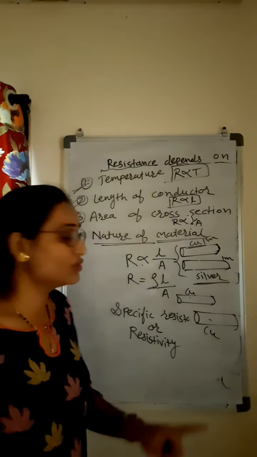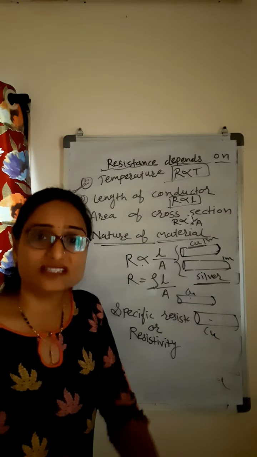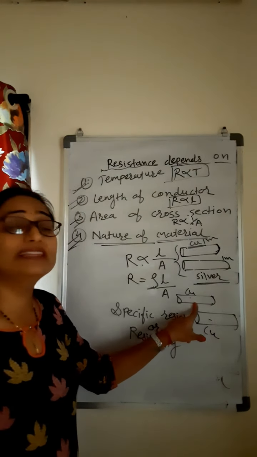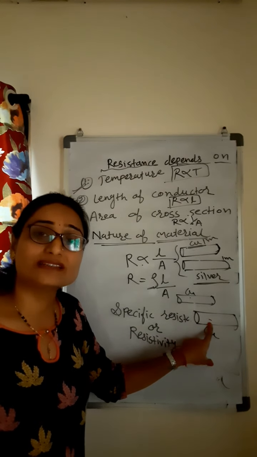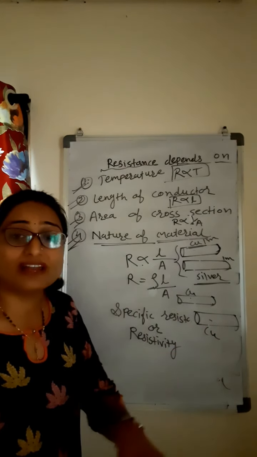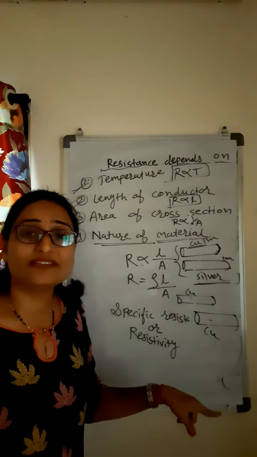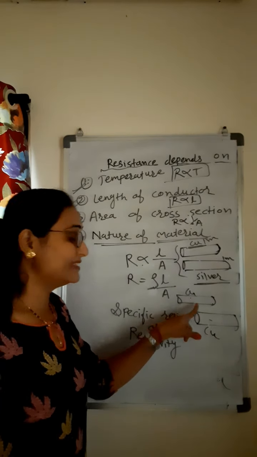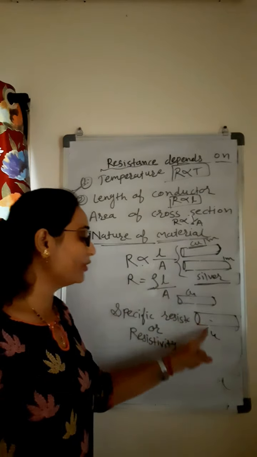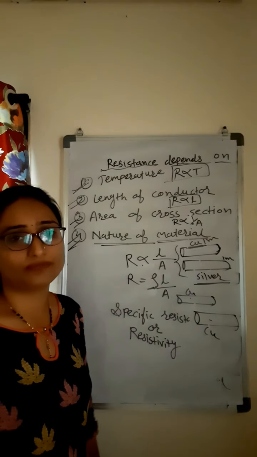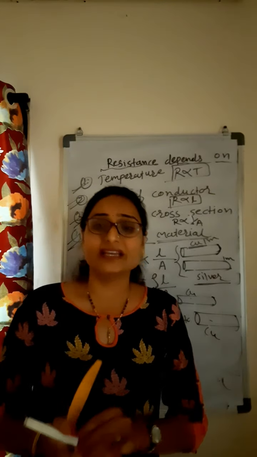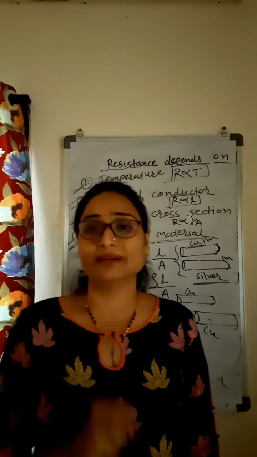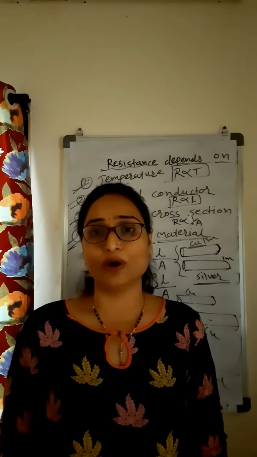If I ask you in which case the resistance is more, you will say that in the thin wire resistance is more. In the thick wire resistance is less. But if I ask you what about the resistivity of both the wires, resistivity is the same because they both are made up of copper. So resistivity just depends on the nature of the material, from which material it is made up of.